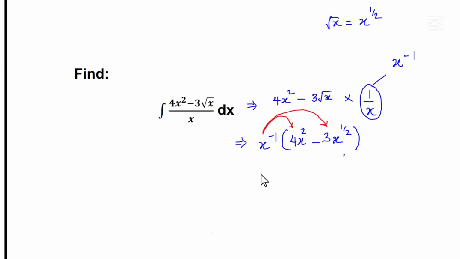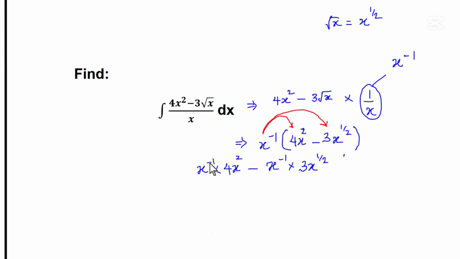Now, by multiplying the term, we should get x to the power of -1 times 4x squared, minus x to the power of -1 times 3x to the power of 1/2. Now, according to the laws of indices, with a common base you add the powers.